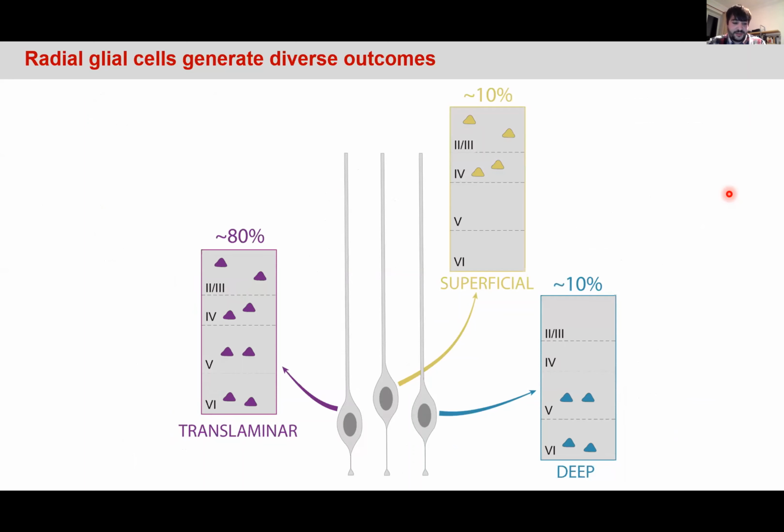Now, as I said before, it is very important to note here that this doesn't mean these progenitors are somehow pre-programmed to do this kind of outputs. This can be alternatively a result of the regulation of their neurogenic behavior, as I will discuss in the subsequent slides.